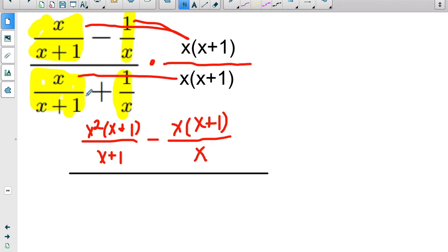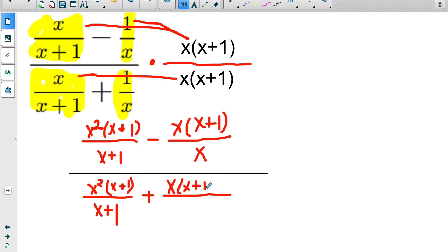X times x plus 1 would be x squared times x plus 1 all over x plus 1, plus x times x plus 1 over x.